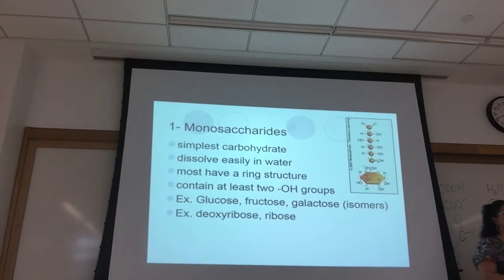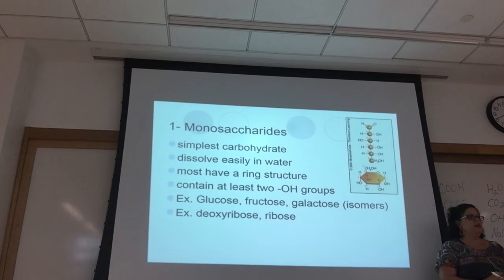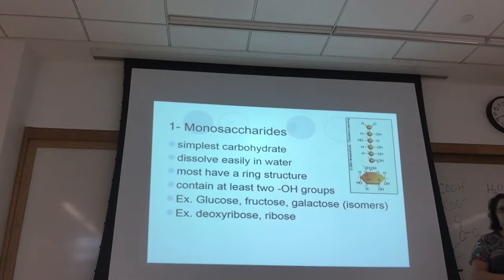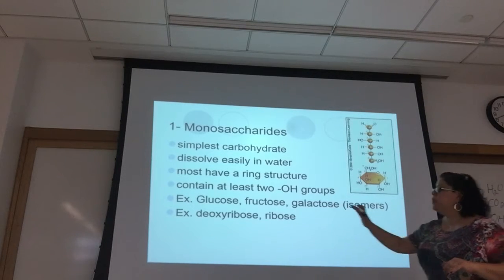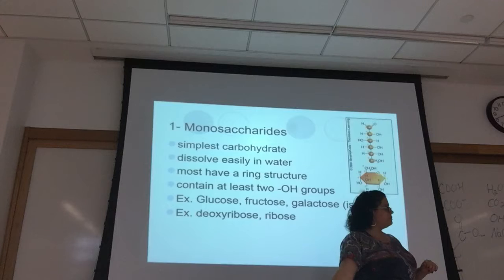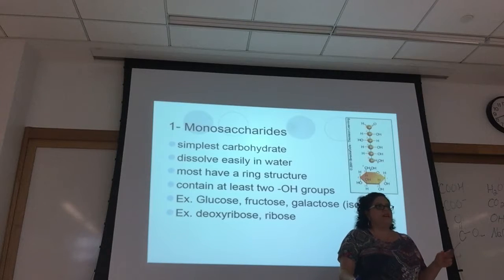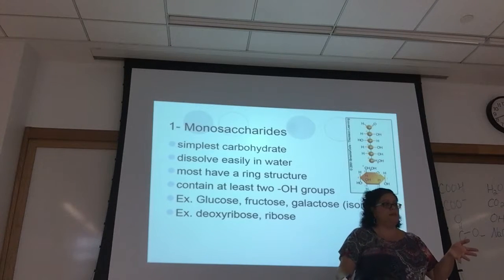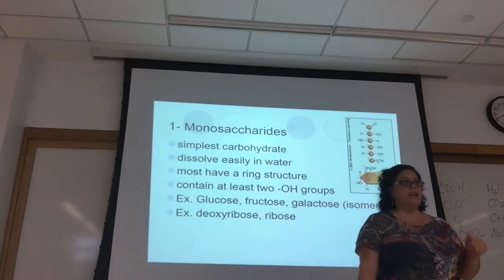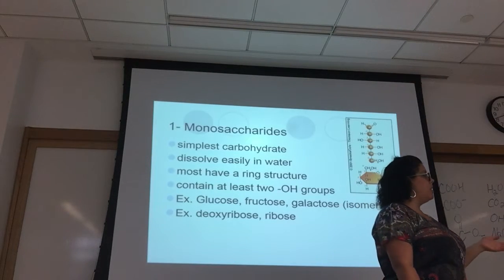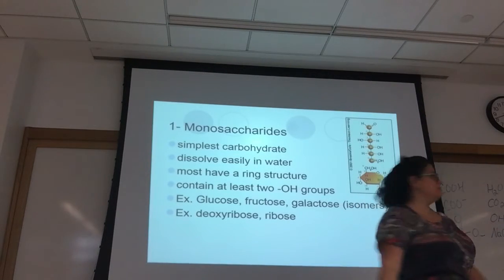If you were to count up the number of carbons, hydrogens, and oxygens in a monosaccharide, this is glucose here, you would see that there's a 1 to 2 to 1 ratio. That means for every 1 carbon in a monosaccharide, there's 2 times that number of hydrogens, and there's the same number of oxygens as carbons.